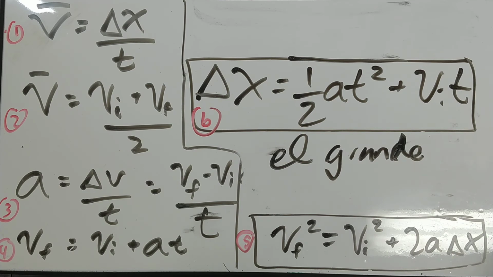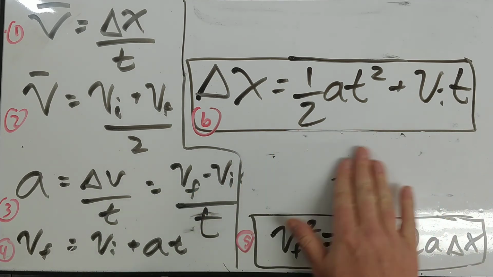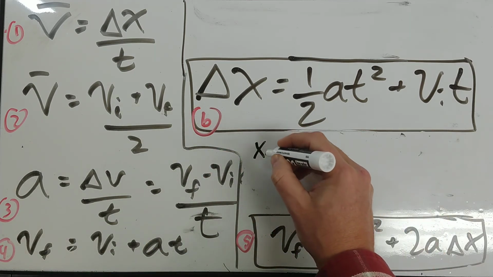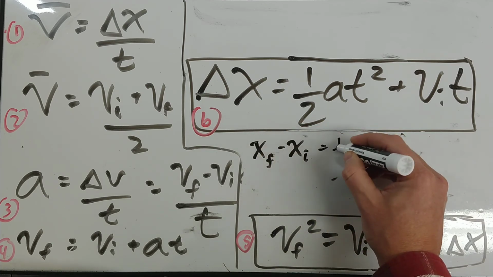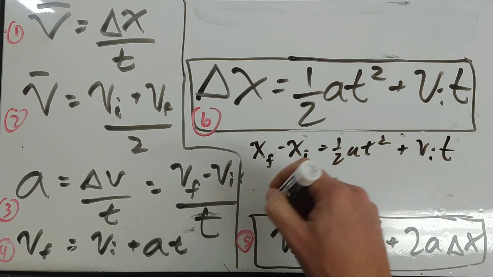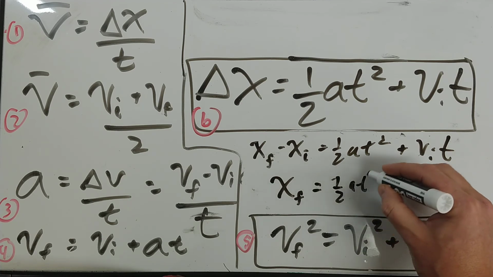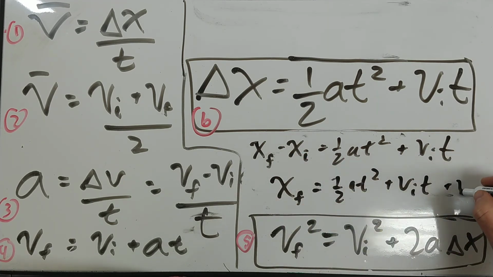So don't. And often we rewrite this one. We expand out delta x to be x final minus x initial equals 1/2 at squared plus v initial t. Then the final position is 1/2 at squared plus v initial t, and the x initial ends up over here on the right side.